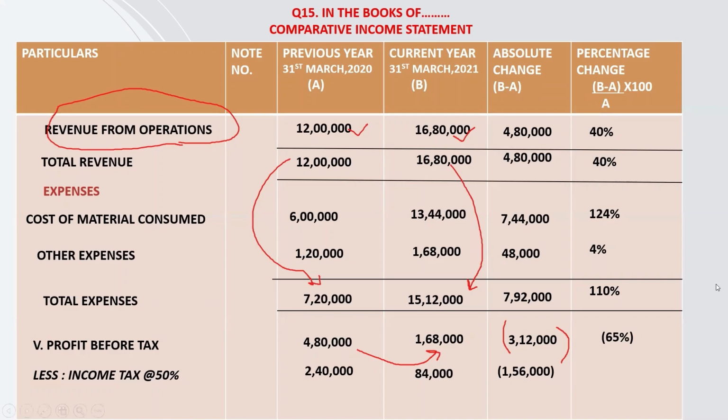The percentage change will remain the same, it will be 65%. Profit after tax will be the same because 50% went to tax and 50% is remaining. So it will be 2,40,000, 84,000 and 1,56,000. The percentage will be the same, 65%.